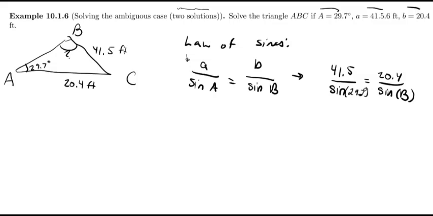So if I do that, I'm going to go ahead and say sine of b happens to be equal to the ratio of 20.4, which is nice, and 41.5, all of that times sine of 29.7 degrees.